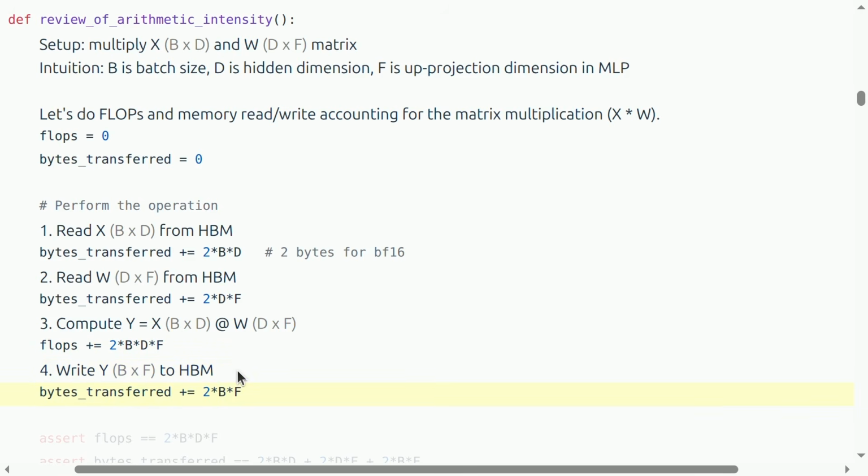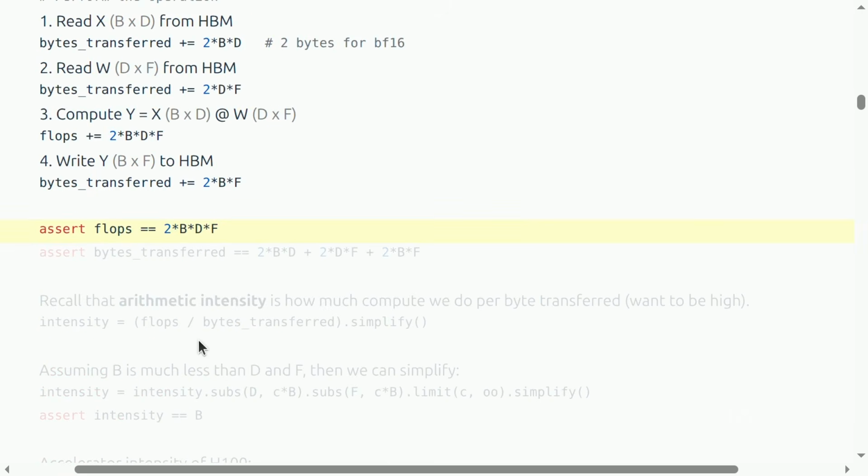Every time you read and write, it's basically the number of entries, a quadratic-like term. And matmuls are cubic. Remember, this is going to be important because that's how you get high arithmetic intensity. So the total number of flops is cubic, and the bytes transferred is the sum of the reads and writes.